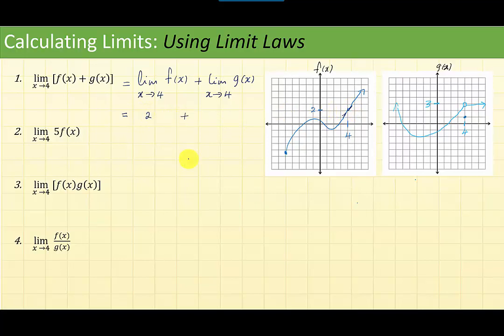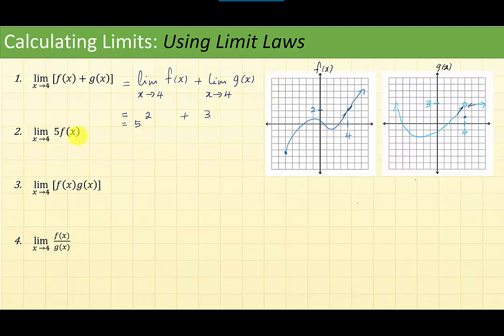Plus, as x approaches 4 in this graph, g of x approaches this point, whose value is 3. There's a hole in the graph, but the limit is equal to 3. So 2 plus 3 is equal to 5.